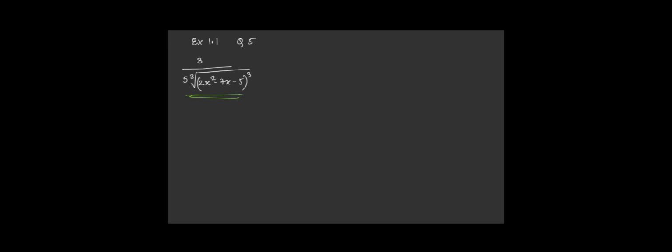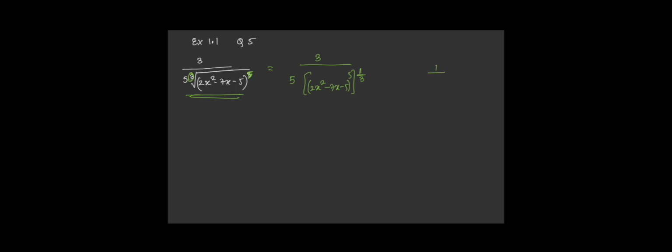Let's convert that. So this can be written as 3 over 5. Now this is a cube root, so we can say this is 1 by 3. And here we have power 5. So I'll write the inside expression as 2x square minus 7x minus 5 raised to 5, and this entire term is raised to the power 1 by 3 since we have this cube root.